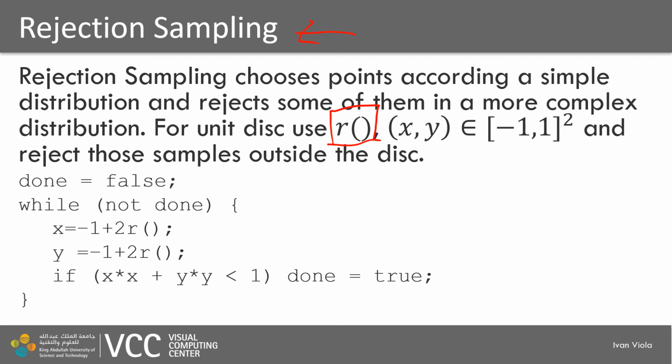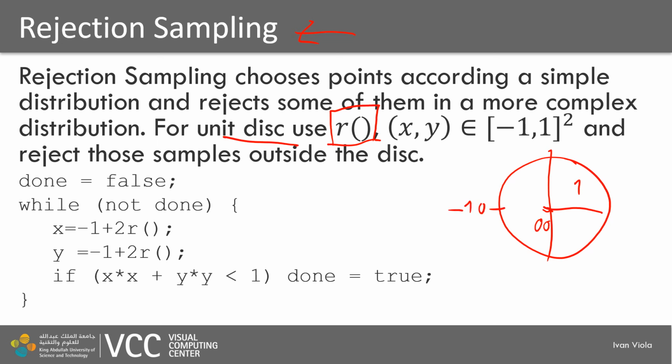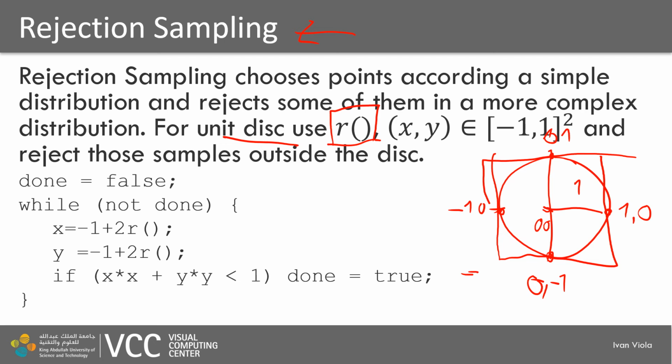If we now want to sample a unit disk, which has a radius equal to 1, so it goes between 0, 0, and then minus 1, 0, and 1, 0, 0, 1, 0, minus 1 are the points on this disk, then we can basically sample in a fair way the entire area of minus 1, minus 1, and 1, 1.